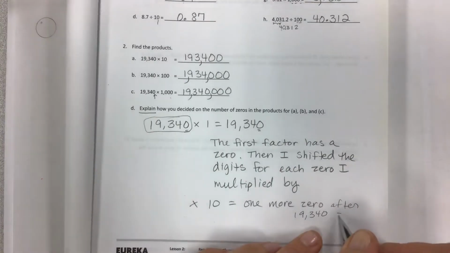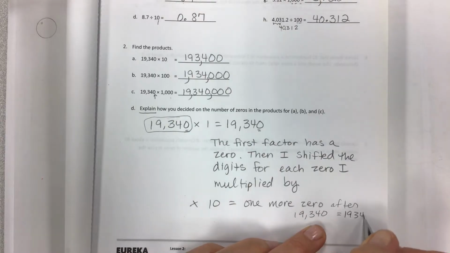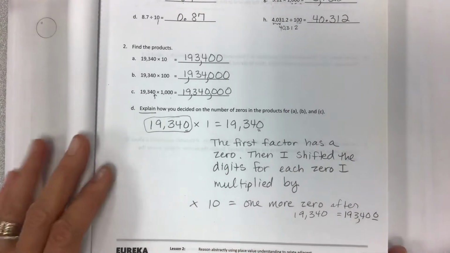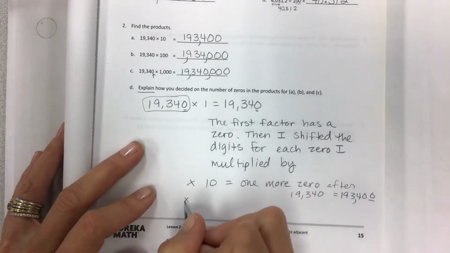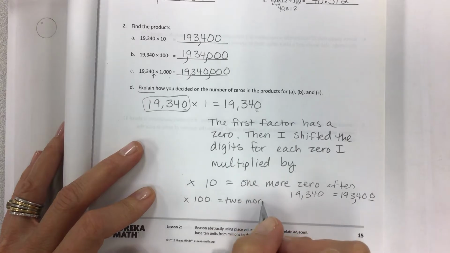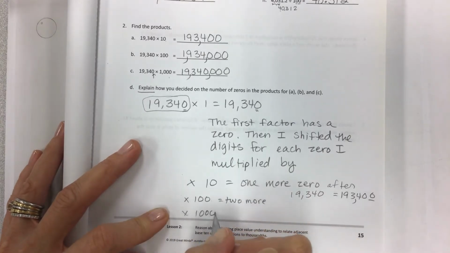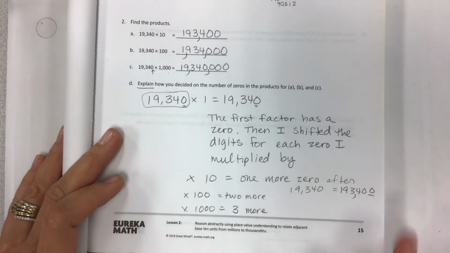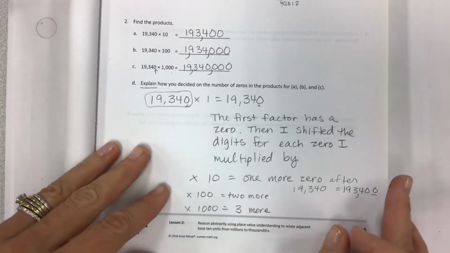Okay, so that equals 193,400. And so that's your explanation there. If you have times 100, it's 2 more. Times 1,000, it's 3 more. Okay, and you can continue and show if you wish. But I'm going to turn the page.